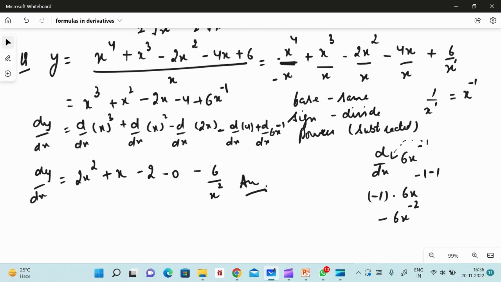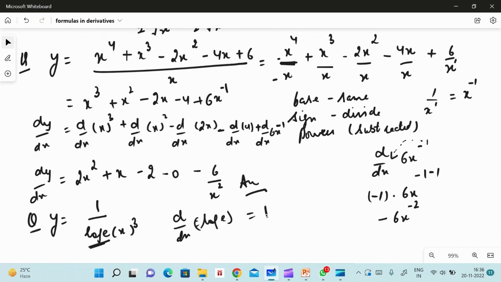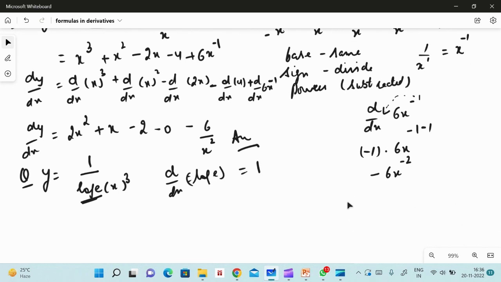Sometimes one more question is given, which I will take: 1 upon log of e into x cube. Okay, so I have to take the derivative of this. Now, here it is a log function, and I know the derivative of log e is 1. So in this case I will get 1 upon 1 into x cube, right?